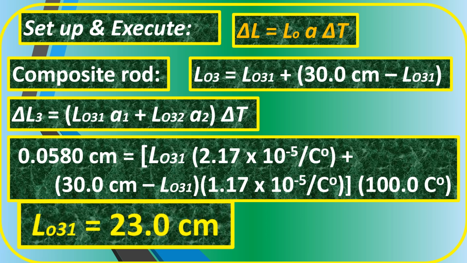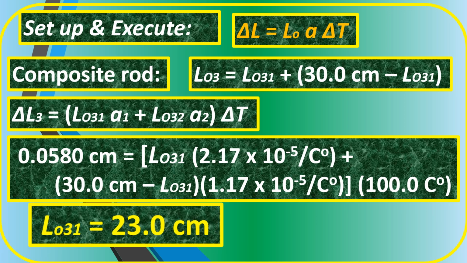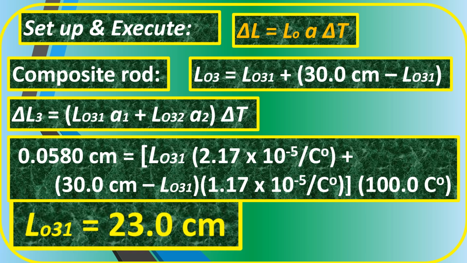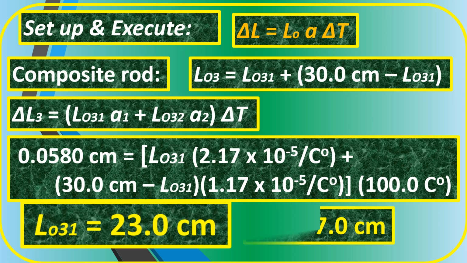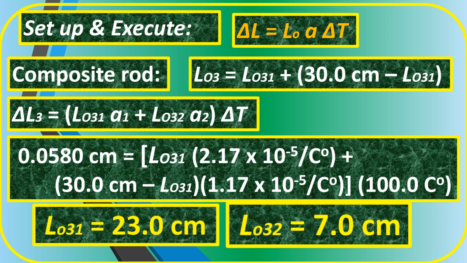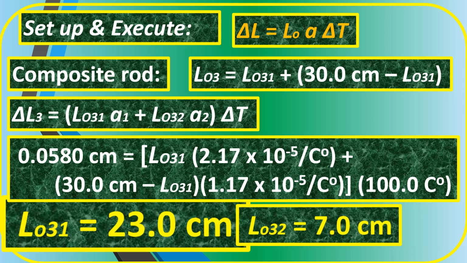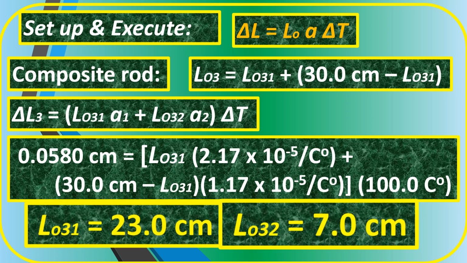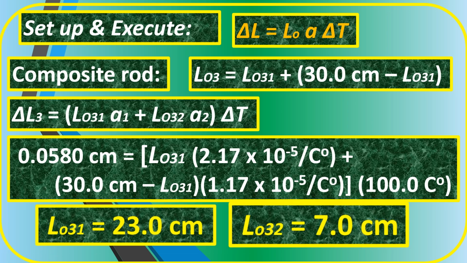And of course, the rod 2 portion of the composite rod, which is 30.0 minus 23.0 centimeters, will give us the value for the rod 2 portion, or L naught 32, equal to 7.0 centimeters.